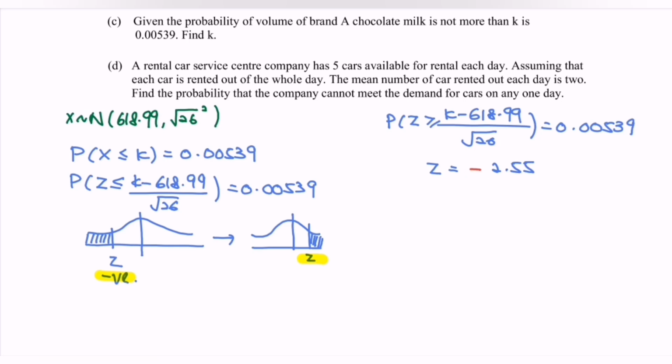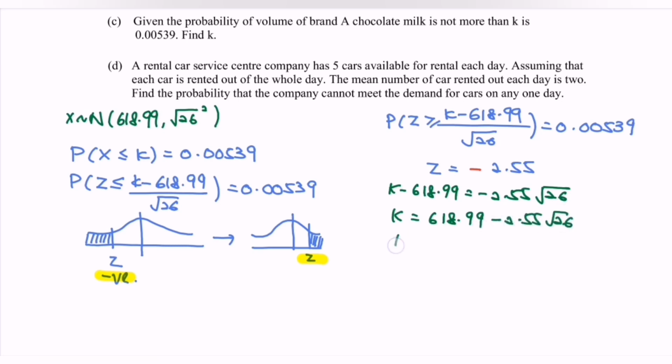Kindly substitute: K minus 618.99 equals negative 2.55 multiplied with the square root of 26. So K equals 618.99 minus 2.55 multiplied with the square root of 26. So K equals 605.99. If we round up, K will be approximately 606.